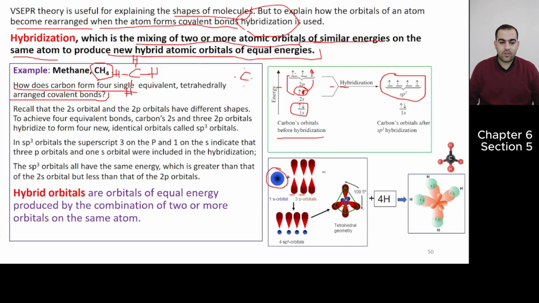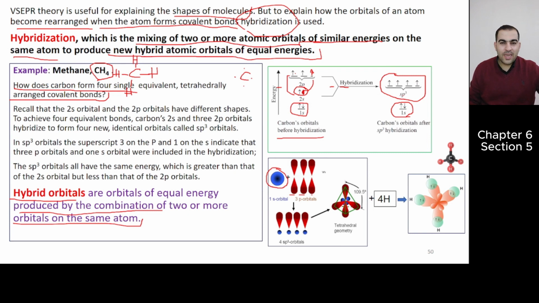What are hybrid orbitals? Orbitals of equal energy, produced by combination of 2 or more orbitals on the same atom. 1s is still there. Nothing happened to 1s because it is in the inner shell. We are talking about the last shell.